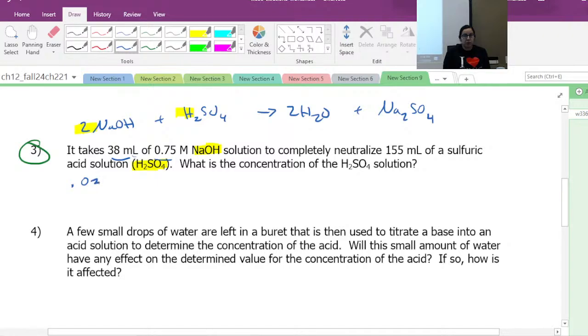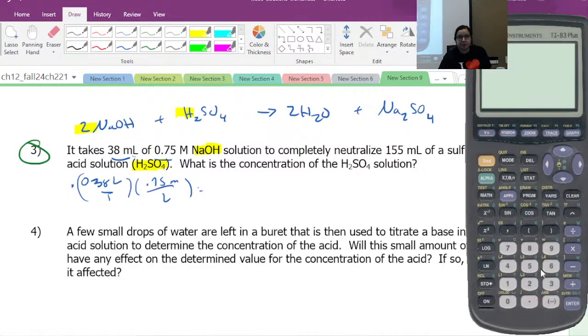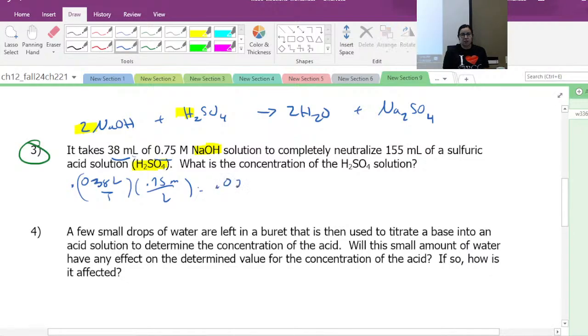So 0.038 liters, multiply by our molarity. So again, moles over liters. And let's see what we're starting with. So 0.038 times our concentration. All right, so it looks like we're starting with 0.0285 moles of sodium hydroxide.